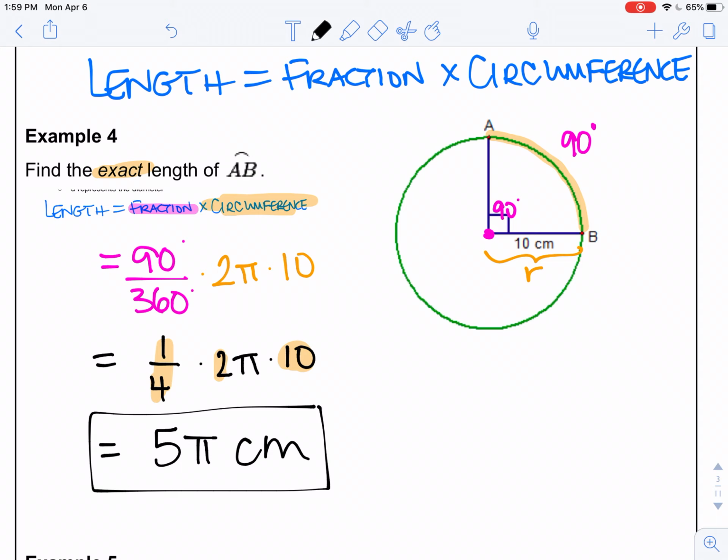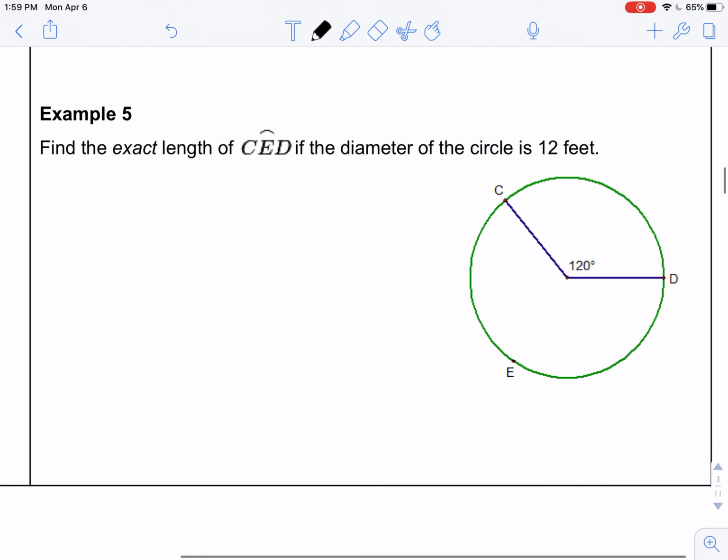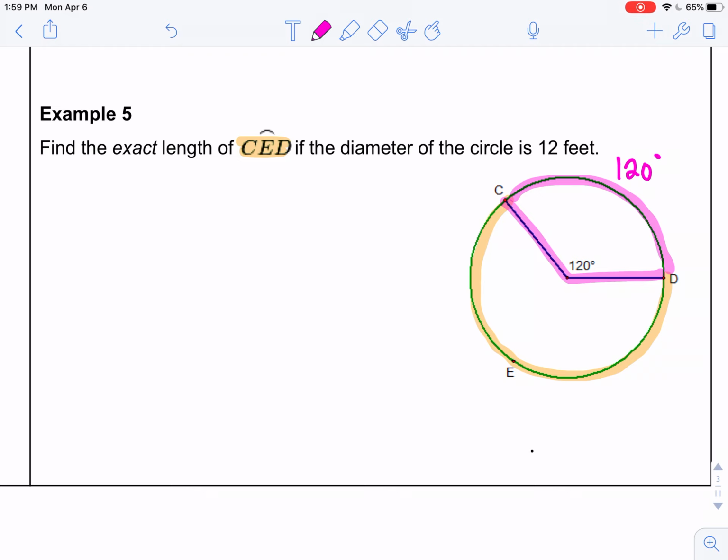Okay, a couple more to try out. Here we're looking for the exact length of arc CED. CED, that's going to be a major arc. Okay, we notice here that we have a 120-degree angle. That's a central angle. That arc CD is the same, so it's 120 degrees.